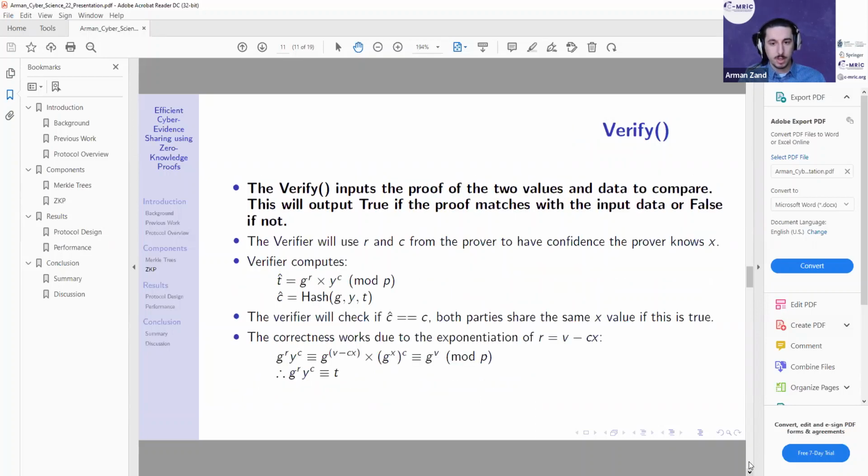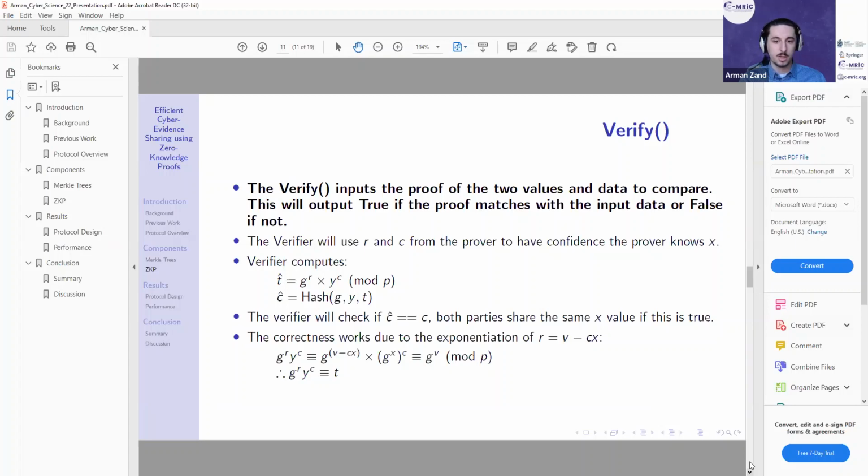And then these two values will be part of the input of the verify function. So the verify function inputs the proof of the two values and data to compare. This will output true if the proof matches with the input data, or false if not.